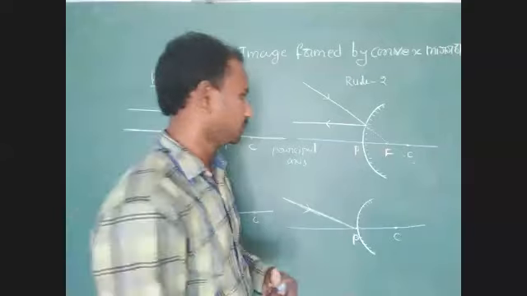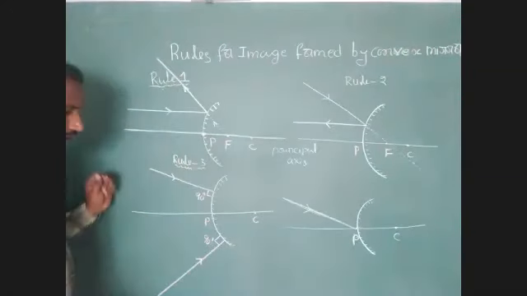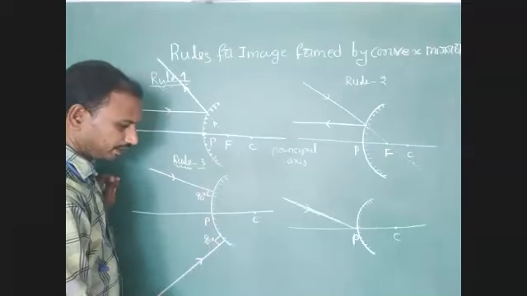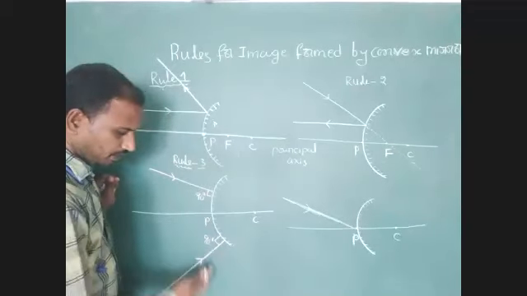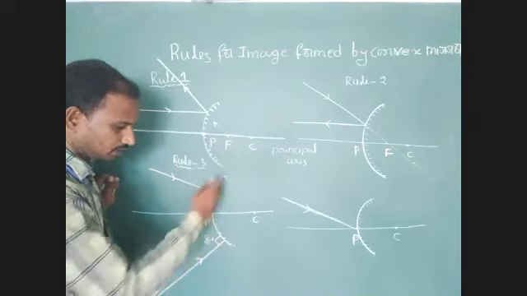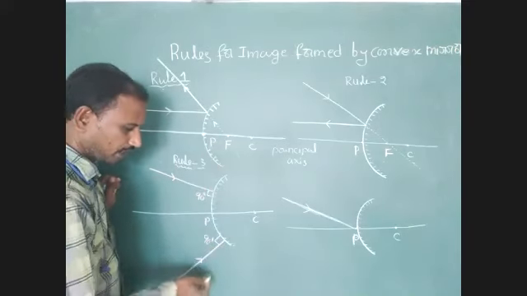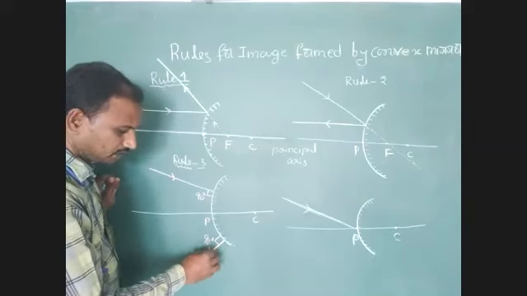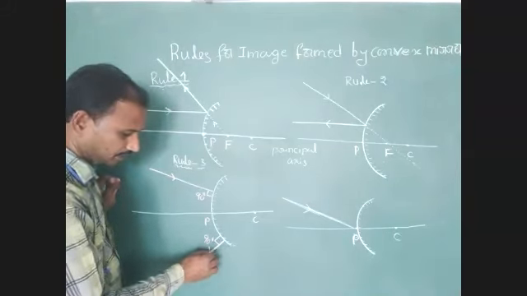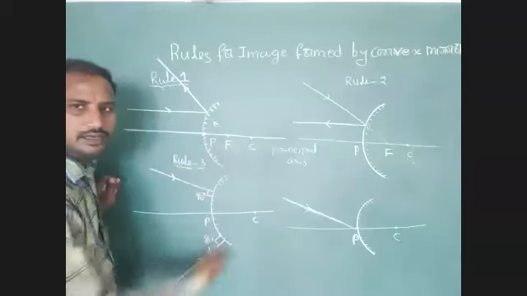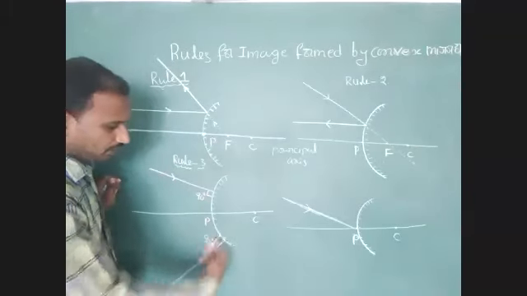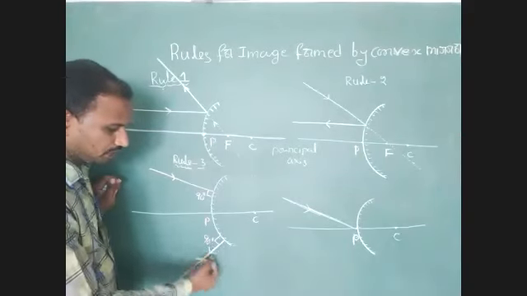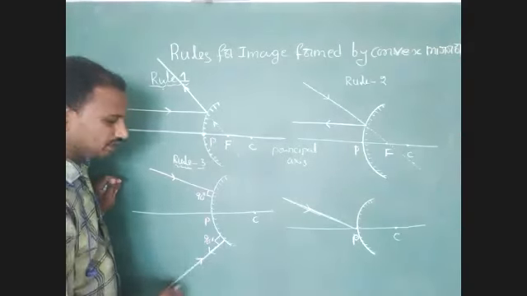The next one. Here, identify that the incident ray makes 90 degrees with respect to the reflecting surface. Then what is the direction of the reflected ray? The direction of the reflected ray we have to represent perpendicular to the reflecting surface. This means the reflected ray rebounds into the same actual path of the incident ray.